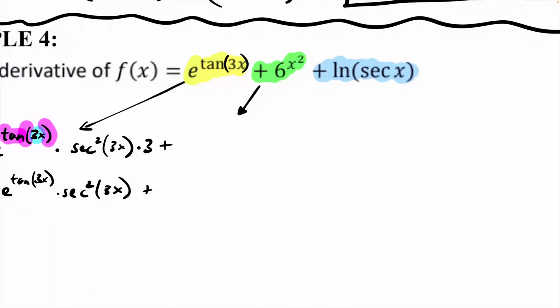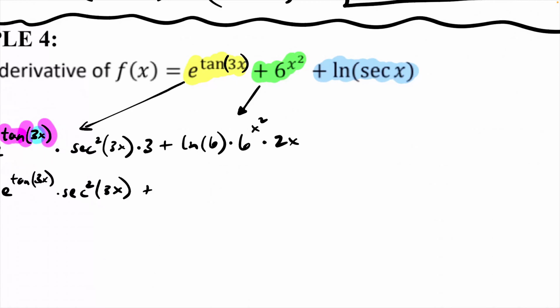So the first thing was natural log of the base, natural log of 6, times, rewrite it, 6 to the x squared power, times the derivative of the exponent, which is just 2x.